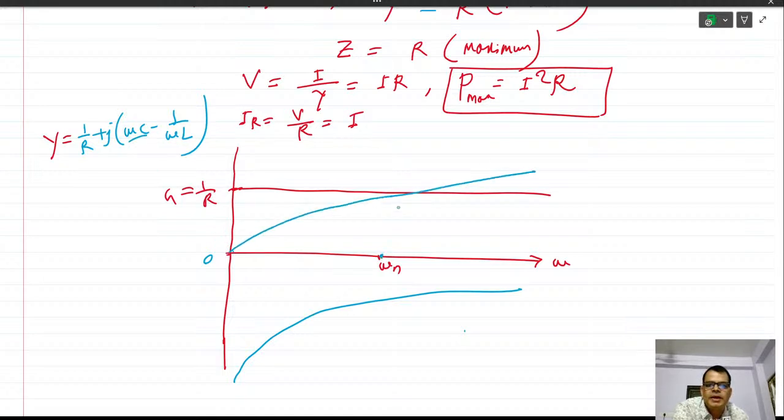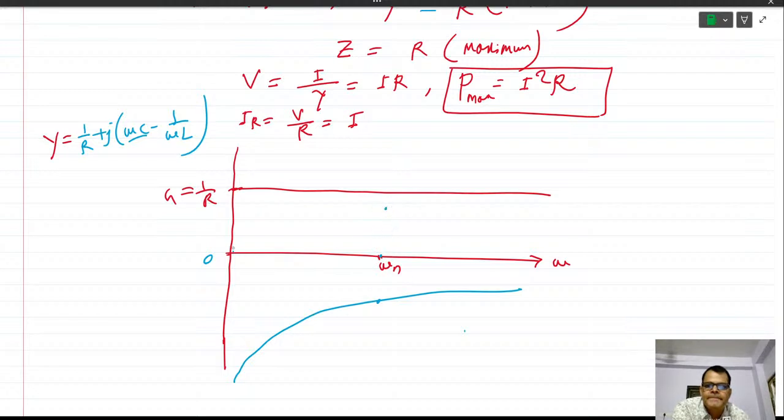So at omega n, at this point, omega C and 1 upon omega L are equal.